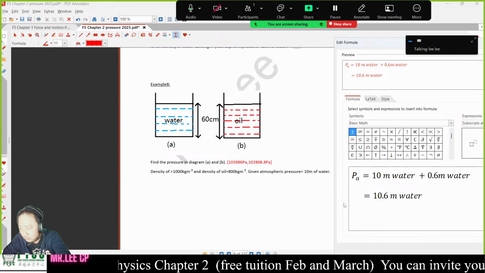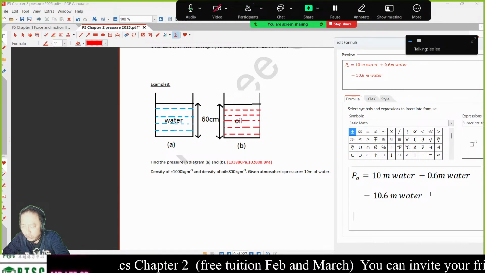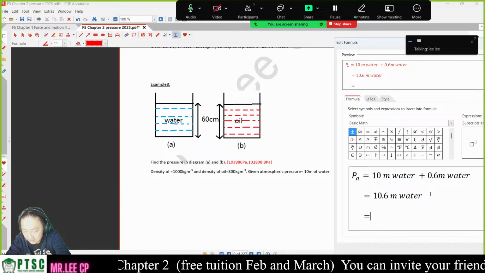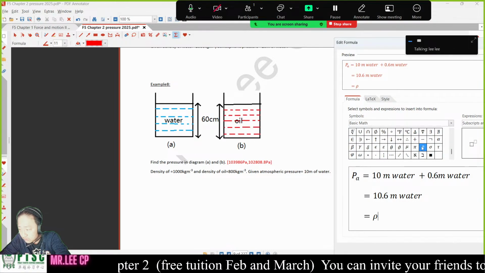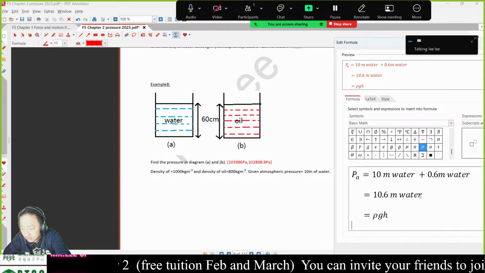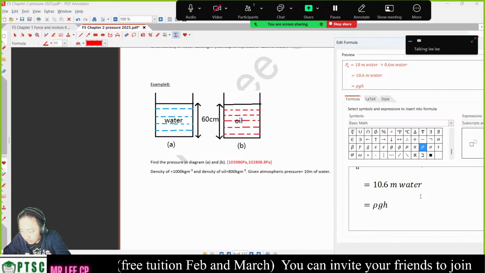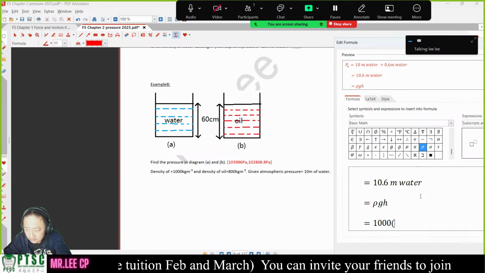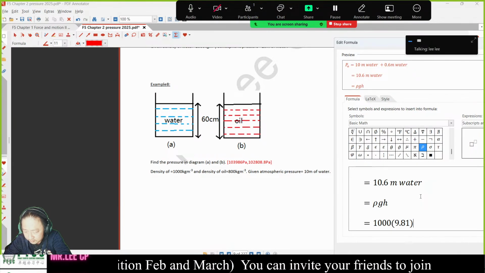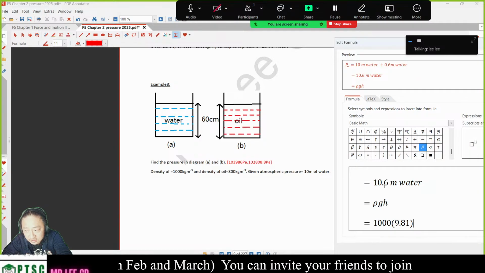But we normally will not leave it this way. We are going to change it to Pascal, so we use rho GH. Rho is 1000 for water, G is 9.81, and H is 10.6.